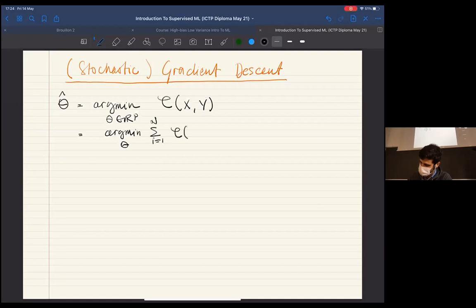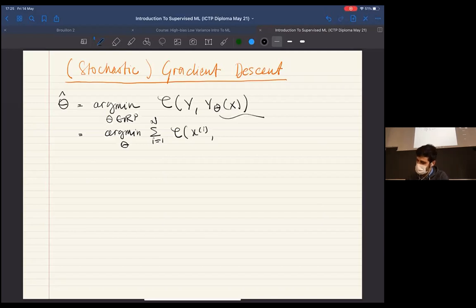Sorry, this is the Y and our estimate of the labels according to our model.